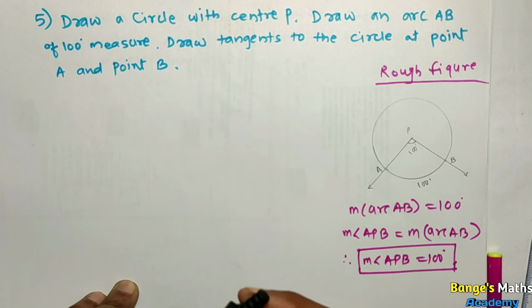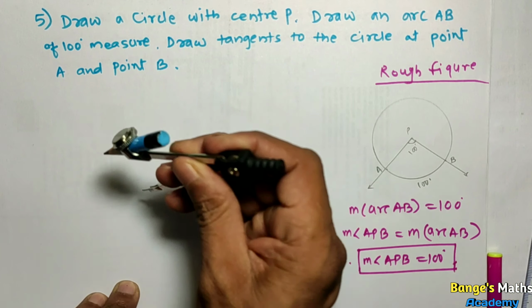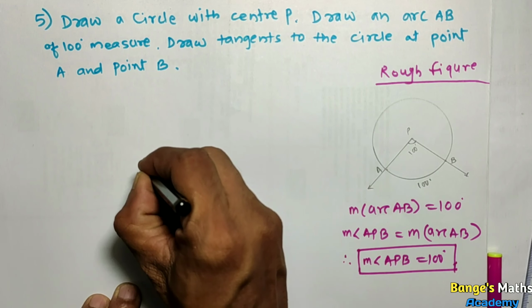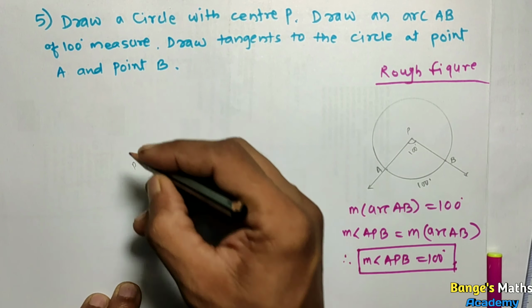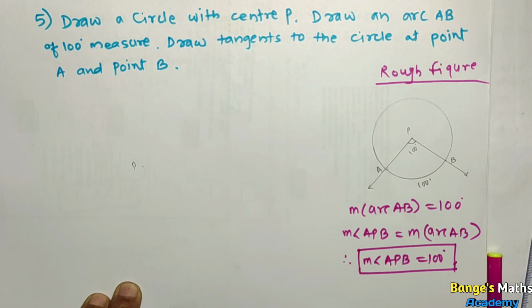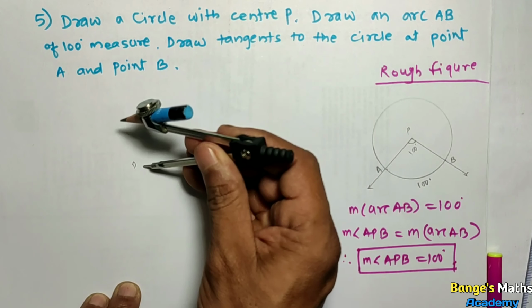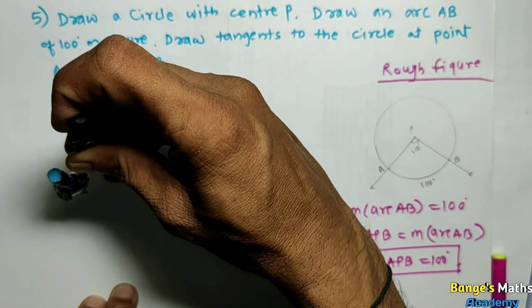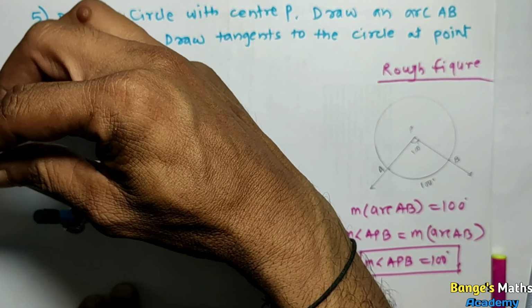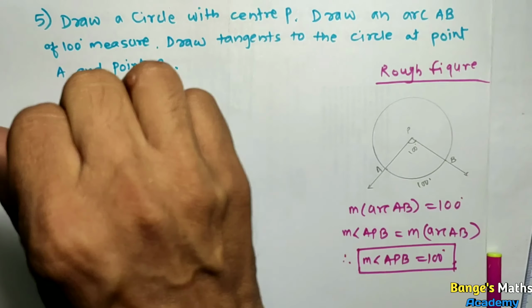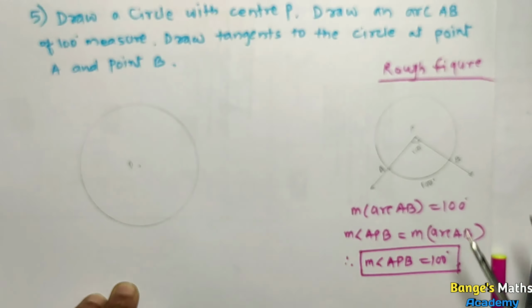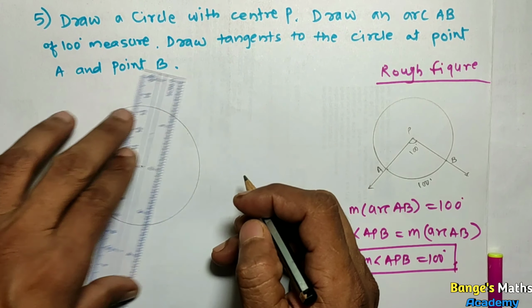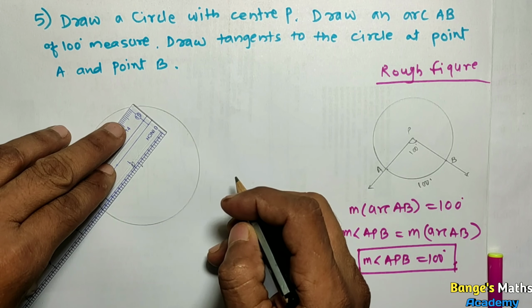Draw a circle with convenient radius, center of the circle is point P. Take convenient radius in your compass and draw a circle. Draw ray PA.